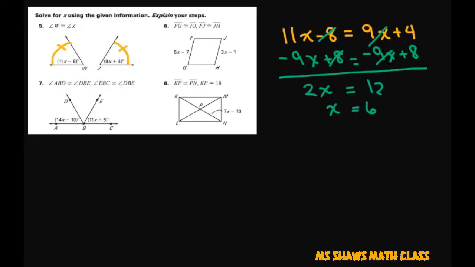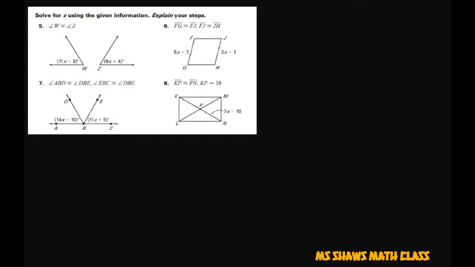So for number 6, we have this statement here, and we have FG and JH. So it's saying that FG is congruent to FJ. So FG is here, line segment, and line segment FJ. So these two are the same. And FJ is also congruent to JH.